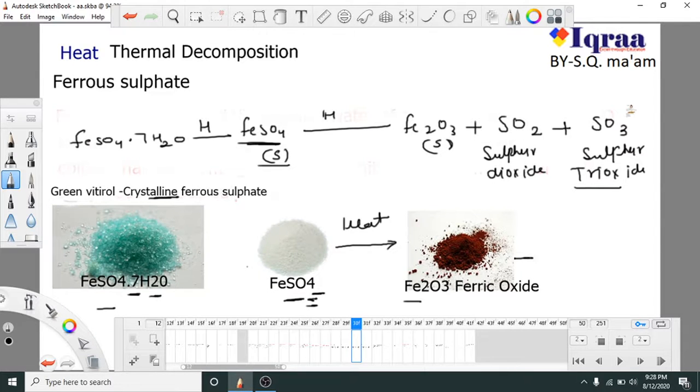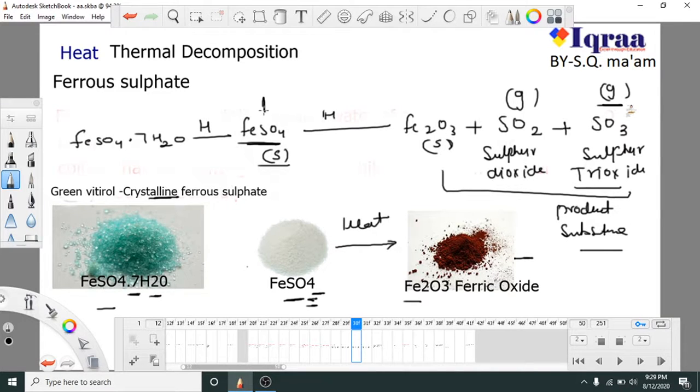And this is a very specific question: which color will form and which state will form. Sulfur dioxide is a gas and sulfur trioxide is also a gas. So these three products or substances will come out from this one.